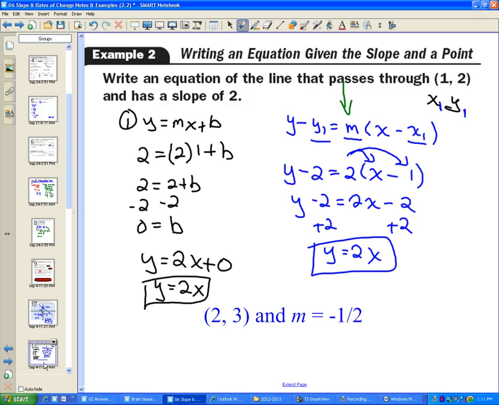Here is another example. Let's call this 2a. You have the coordinate 2, 3. You have a slope of negative 1/2. Can you find the equation? I'm going to give you the answer, see if you can work it out. I come up with, in slope-intercept form, y equals negative 1/2 x plus 4.